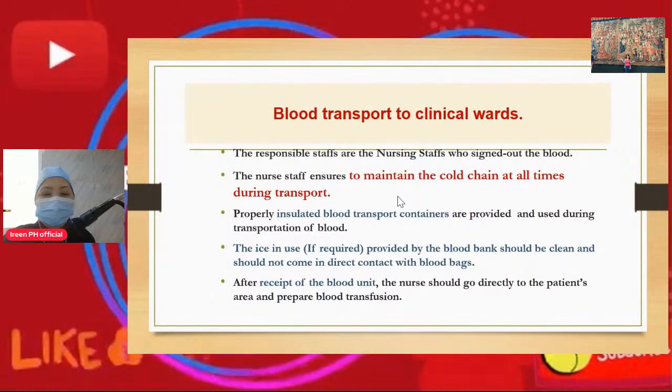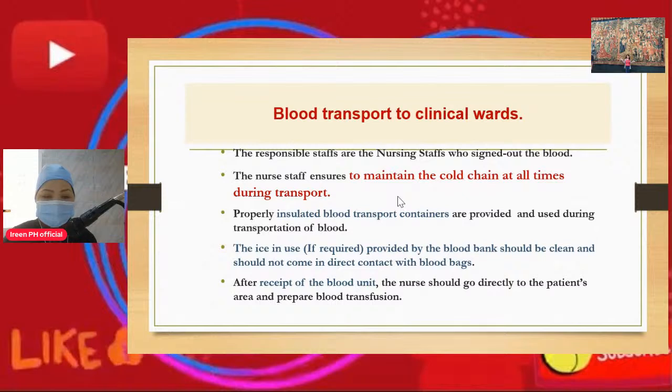Okay, the blood transport to clinical wards. The responsible staff are the nursing staff who sign out the blood. And the blood staff ensures to maintain the cold chain at all times during transport. Properly insulated blood transport containers are provided and used during transportations of blood.